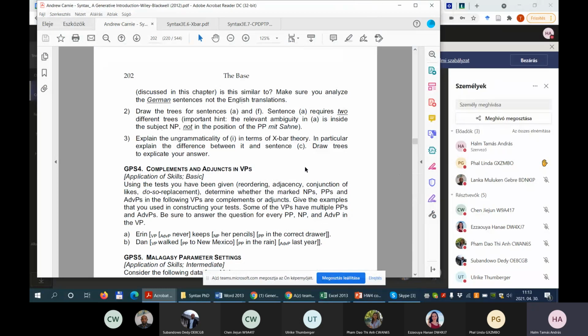And the other thing is, if you remember, an adjunct can never intervene between the verb and the complement. So if last year is a complement, then in the rain couldn't be an adjunct. So based on this, I would say that at maximum, to New Mexico can be a complement, but all the other ones have to be adjuncts.